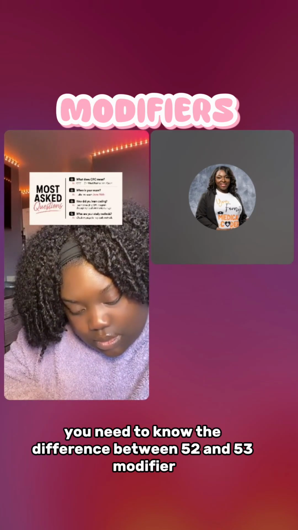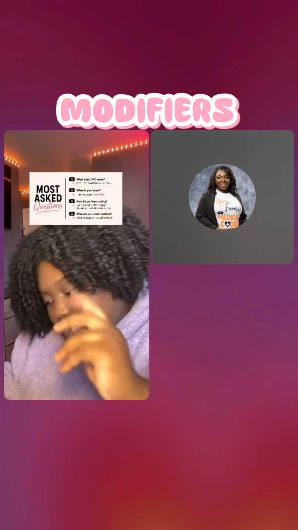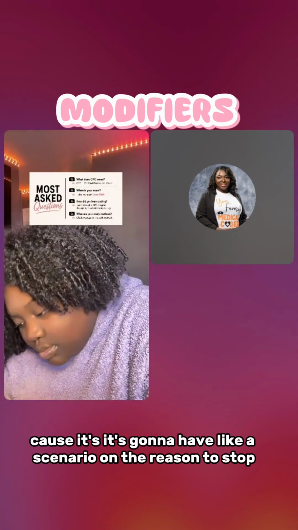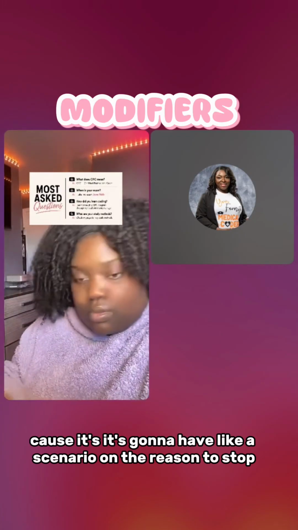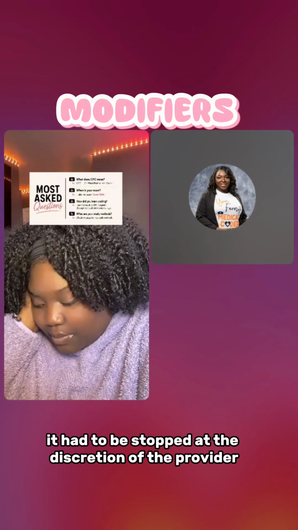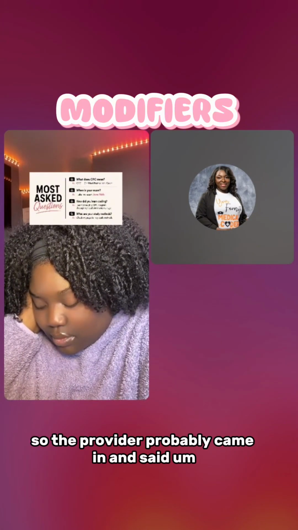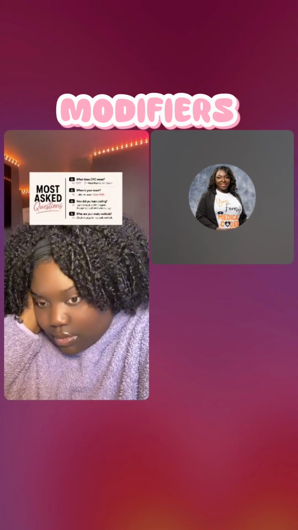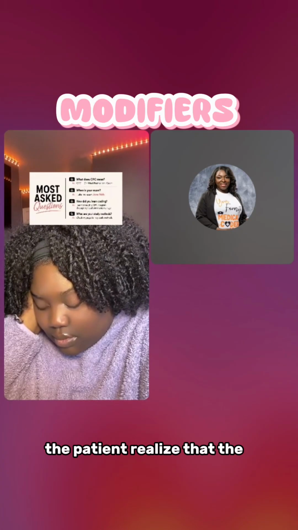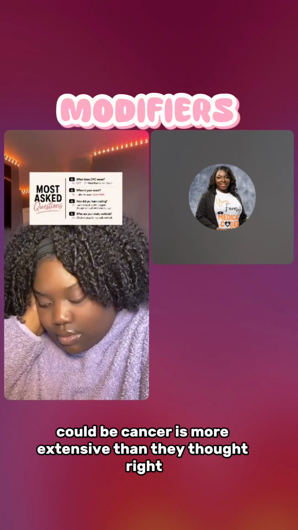You need to know the difference between 52 and 53 modifier for reduced and discontinued services, because it's going to have a scenario on the reason to stop. 52 modifier means that it had to be stopped at the discretion of the provider. So the provider probably came in and said, hey, they opened up the patient, realized that the cancer is more extensive than they thought, right?